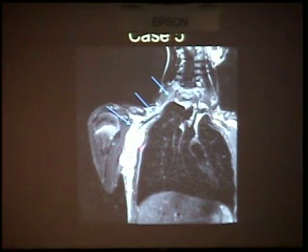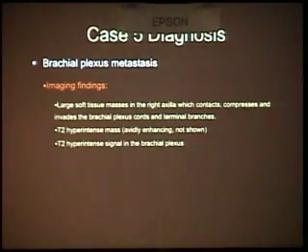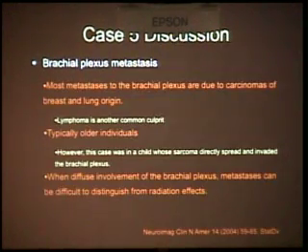So all these masses in the axilla, this is getting into infraclavicular territory with the terminal branches. And due to compression and also involvement, this nerve root was also involved, tracking all the way back to the neck. So again, those large soft tissue masses and then the signal in the brachial plexus itself. This turned out to be a metastasis from his original sarcoma.